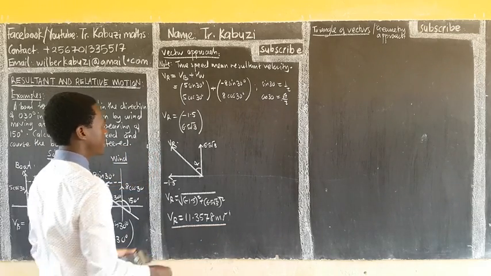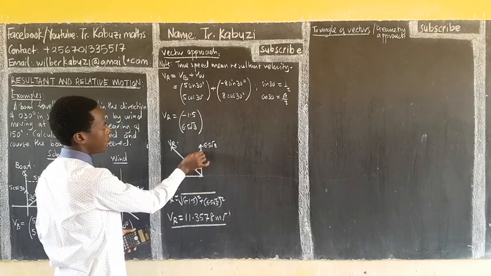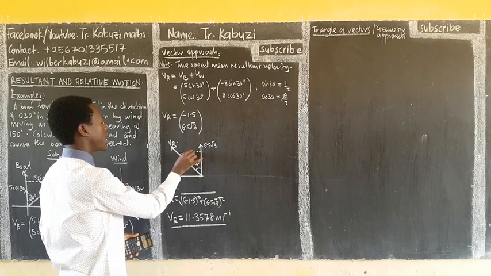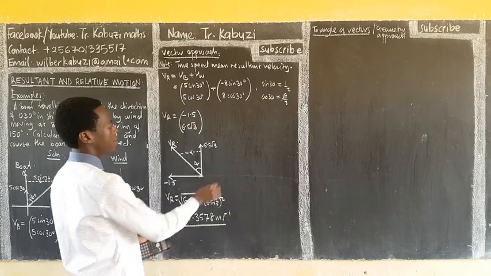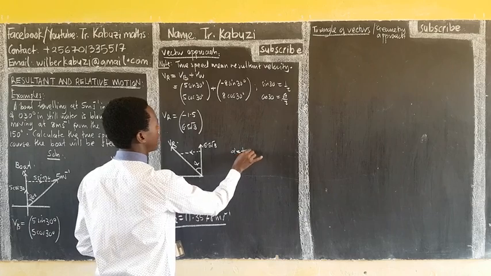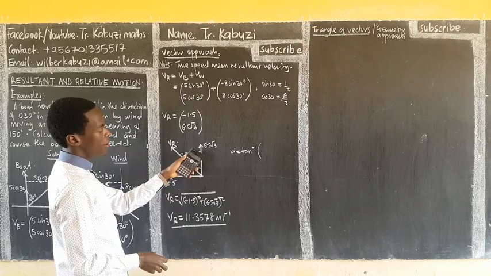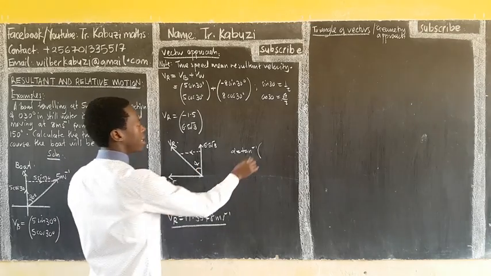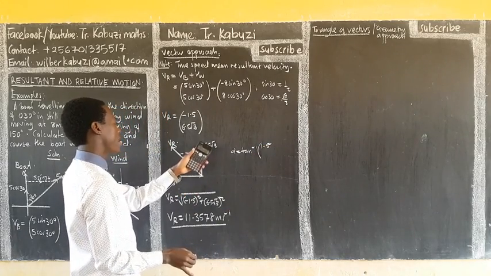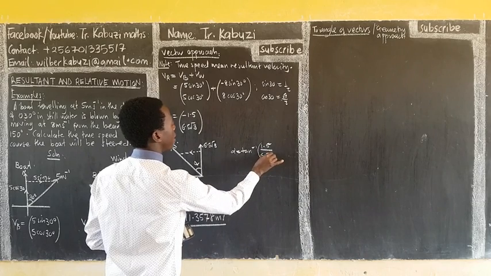Then the direction we come and get from here. Remember, if I want this I can draw it like this, going in that direction. So I want to see from there my alpha is going to be tan inverse of the opposite over adjacent. Now the opposite is this 1.5, over 6.5 root 3.